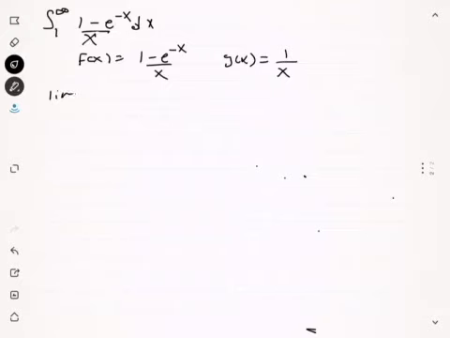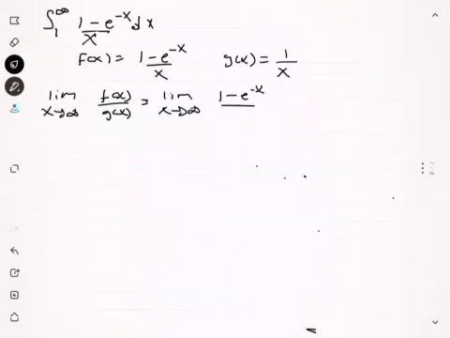If you take the limit as x approaches infinity of f over g, which in this case is the limit as x approaches infinity of 1 minus e to the minus x divided by x, times x over 1, then you really get the limit as x approaches infinity of 1 minus e to the minus x, and that limit is equal to 1.